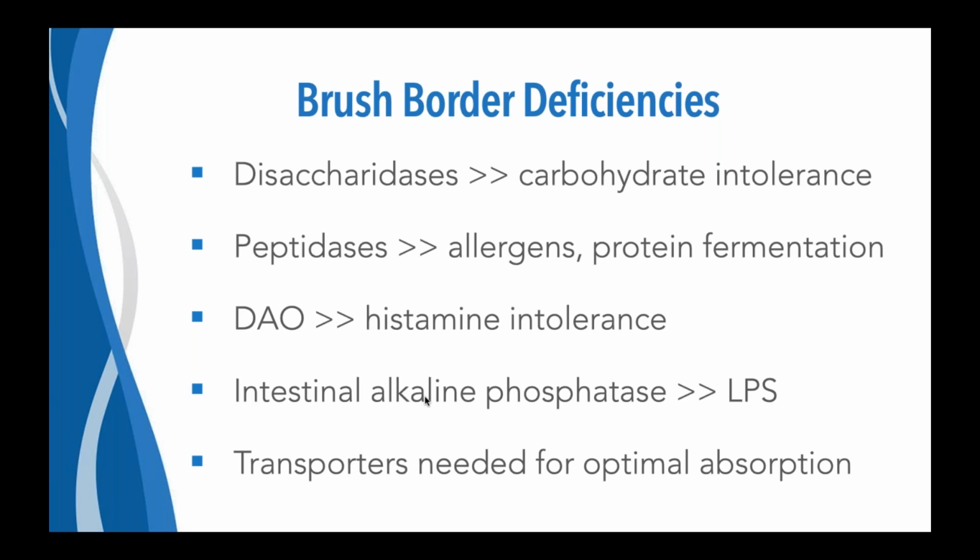It might also contribute to protein fermentation. If proteins and peptides are not fully broken down, they can end up in the colon, where they can fuel a process called protein fermentation, associated with dysbiosis in the colon. There's also diamine oxidase, and a deficiency there could lead to worsening histamine intolerance.